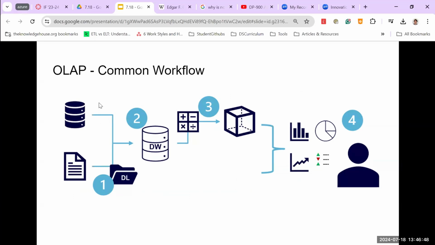In step one, we basically collect a bunch of data. We might even collect data from an OLTP source, like for example from PostgreSQL, and then maybe from some CSV files that live in Google Drive or something along those lines. And we combine all of that data into a centralized store that could be a data lake.